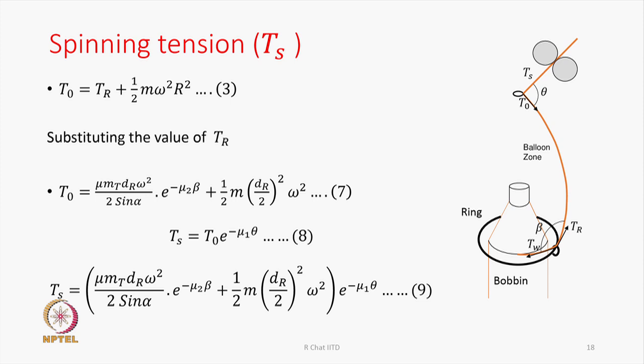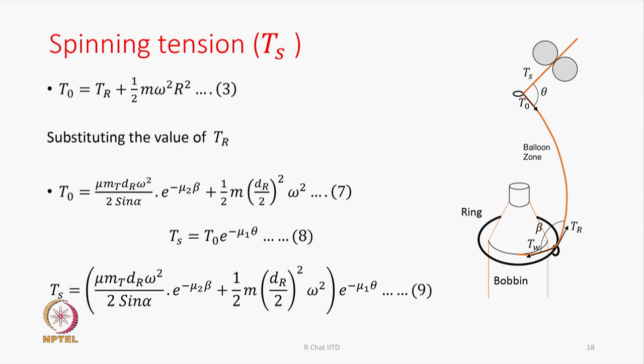And the last thing is the relationship for the spinning tension. T0 is Tr plus half m omega square r square, this is equation number 3, which we have seen earlier. Substituting the value of Tr, which we have seen in the previous slide, T0 becomes Tr plus half m omega square r squared, where r is dr by 2 whole square.